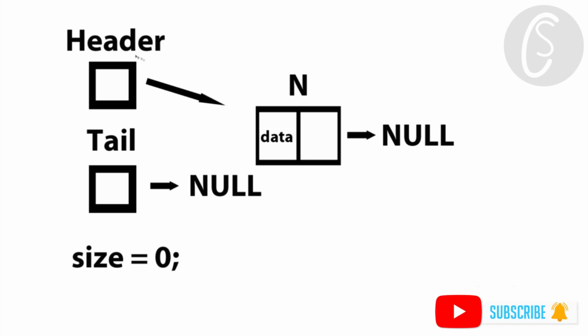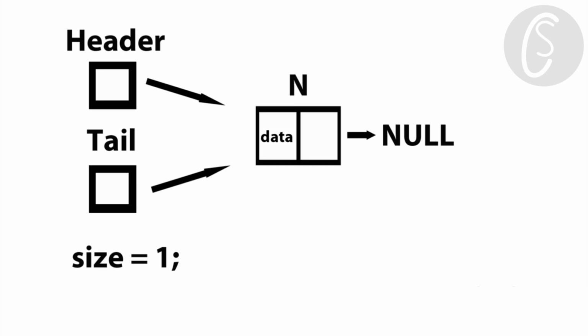So header always points to the first node within our linked list, and tail always points to the last node within our linked list. Since there's only one node within our linked list, header and tail are both going to point to our newly created node. Next, all that's left to do is actually increment the size.